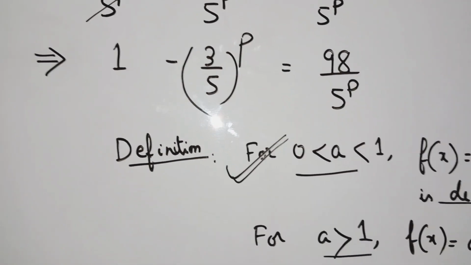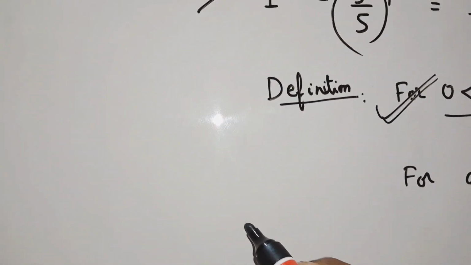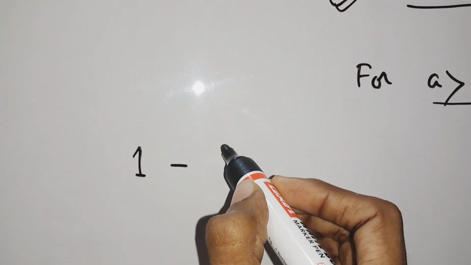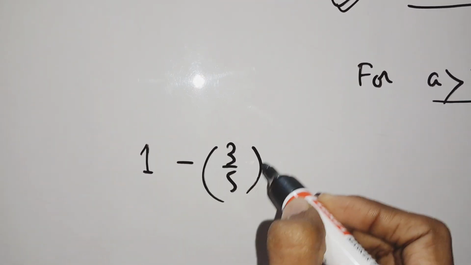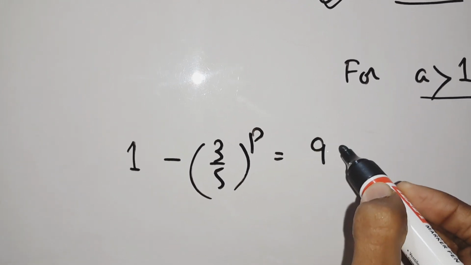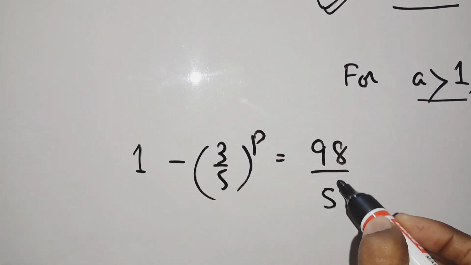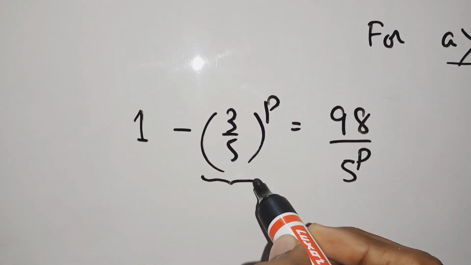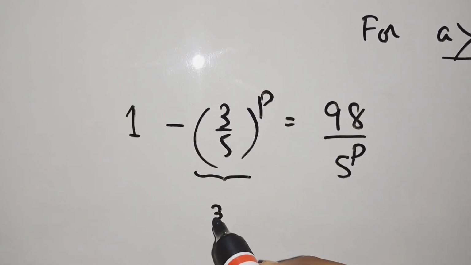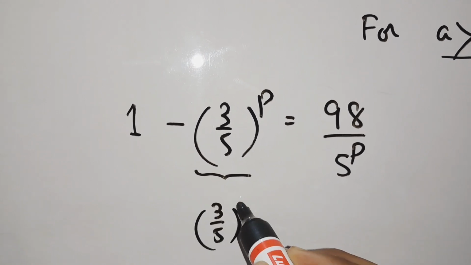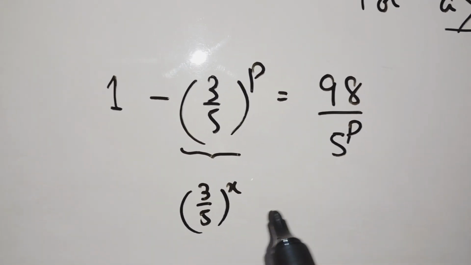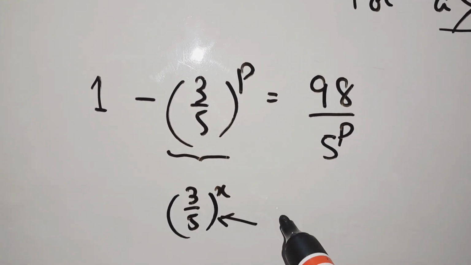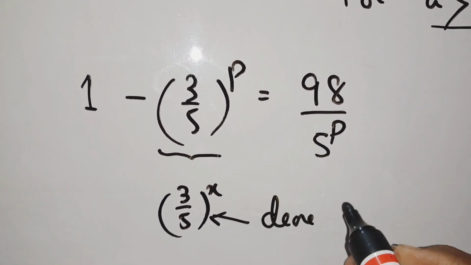Now again we can rewrite the equation here. Our equation is 1 minus 3 by 5 to the power p equals 98 by 5 to the power p. Now this one is of the form a to the power p, and a is less than 1, hence it is nothing but a decreasing function.